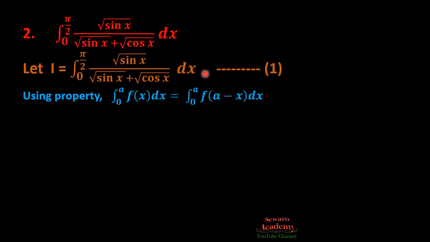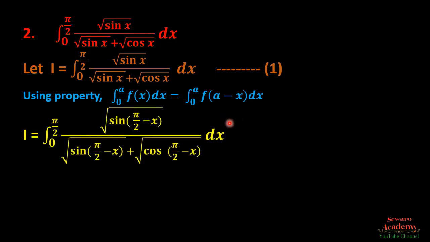Then equation 1 will get modified as follows: in this function, wherever there is x, we replace it by pi by 2 minus x. So here is pi by 2 minus x, pi by 2 minus x, pi by 2 minus x. Then there is one formula in trigonometry, which is sin of 90 degree minus theta is cos theta, and cos of 90 degree minus theta is sin theta.